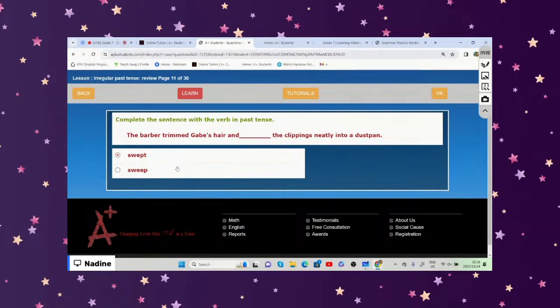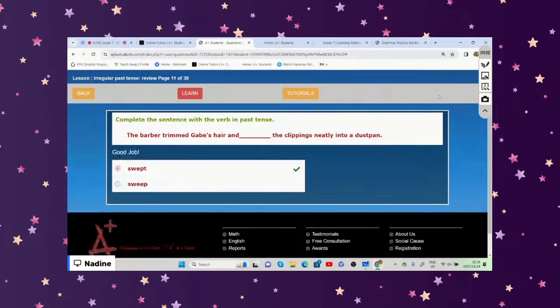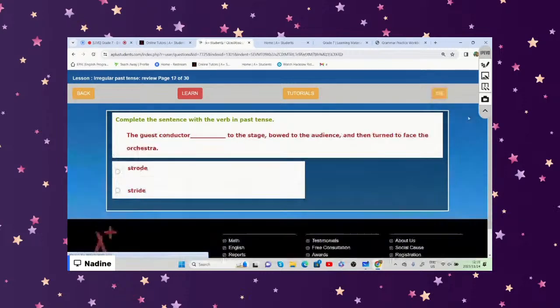We said swept the clippings neatly into a dustbin. And swept is correct. Which means that sweep is our present tense and swept is the past tense.